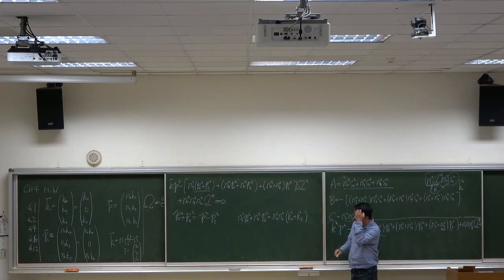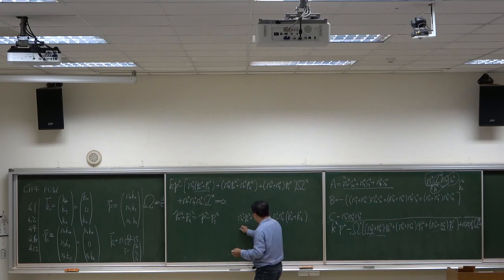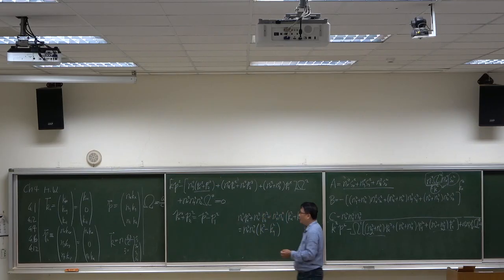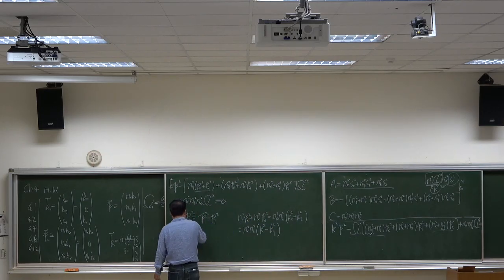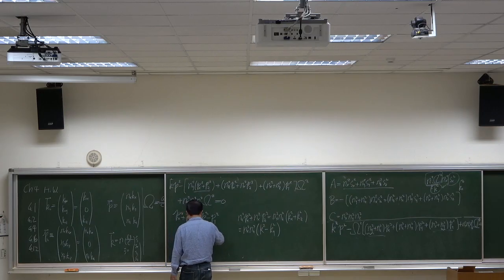Okay, and this is just equal to k squared minus ky squared. And then remember here py squared is just ny squared times ky squared. Okay.